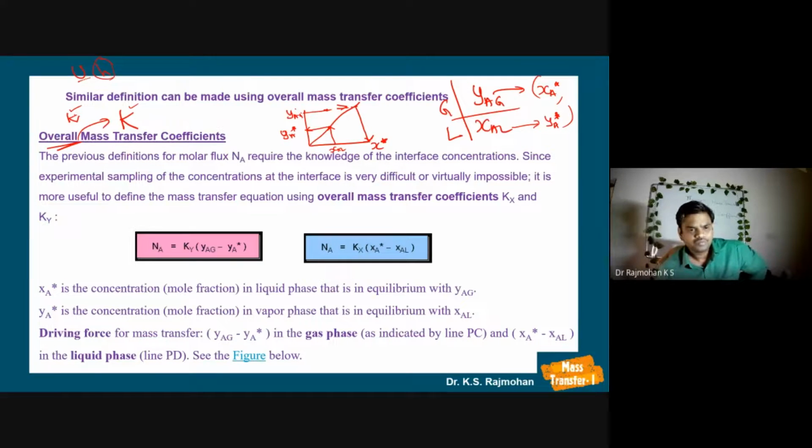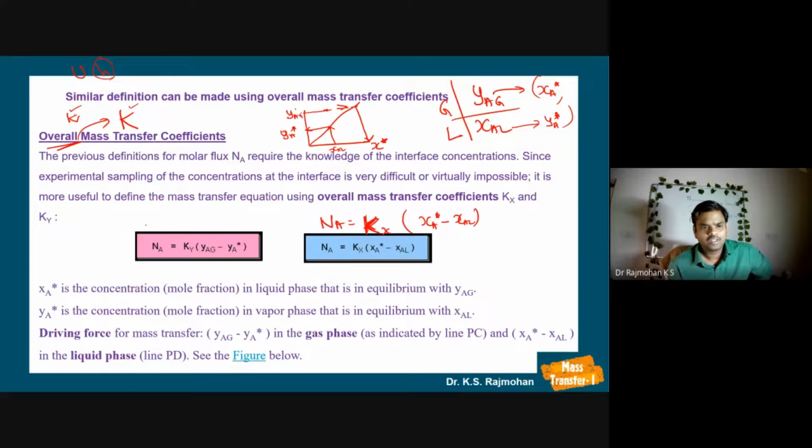So that way we can make use of this overall mass transfer coefficient definition to define the flux. Okay, so the overall mass transfer coefficient can be expressed like this. So flux NA is equal to capital Kx, remember, not small k, capital Kx into XA star minus XAL.